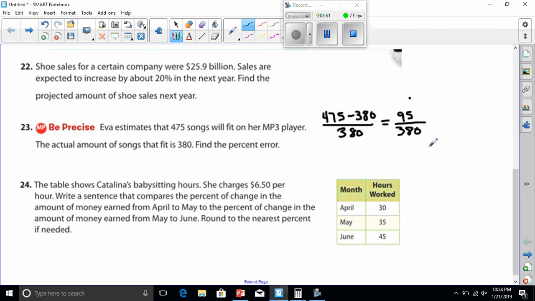We have to move that decimal over twice. So that will be 25%. There was a 25% error.